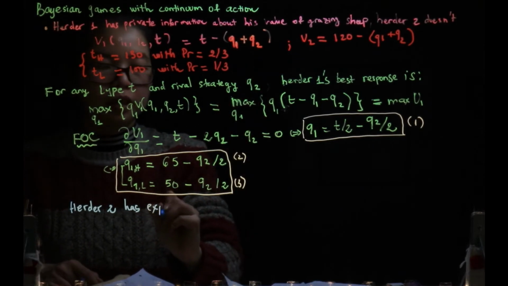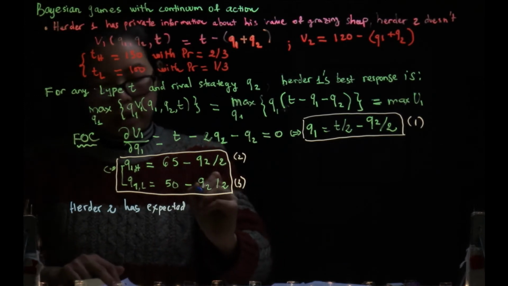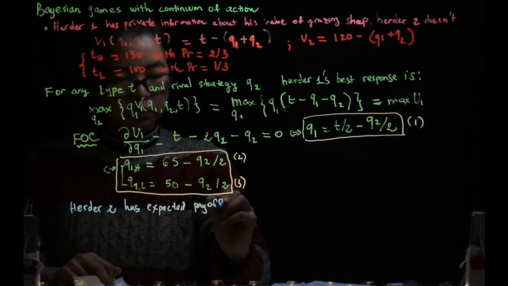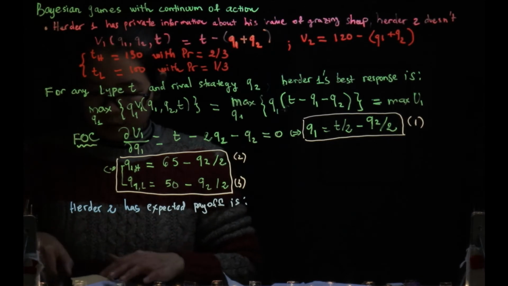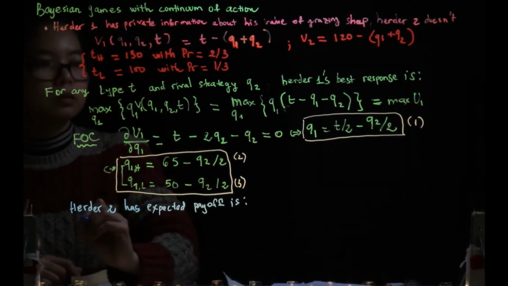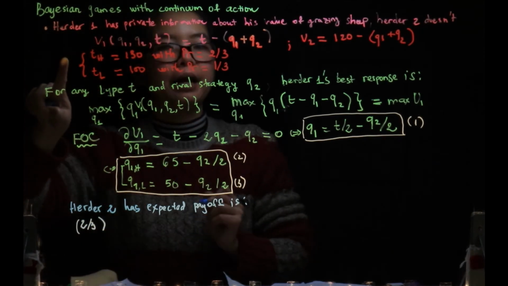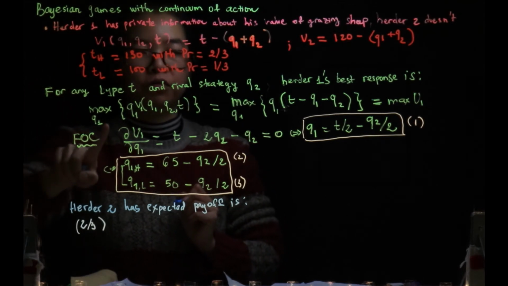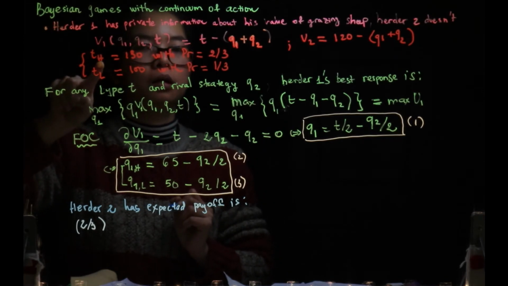Now, the expected payoff is, first of all, probability 2/3 times the payoff when he faces the high type of player 1.